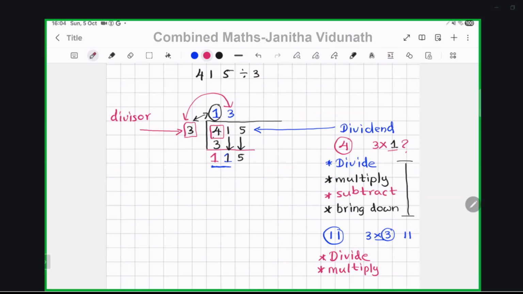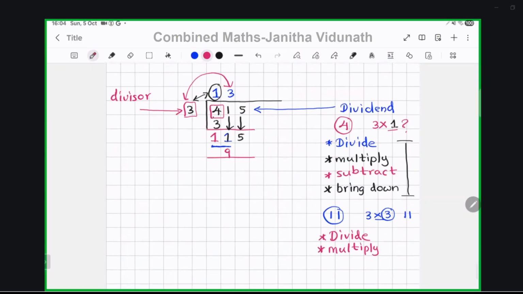Then we get 3 times 3, which is 9. Then we subtract these two numbers. We know 11 minus 9 is 2. Then we bring down the other remaining numbers. That means we need to bring down 5. Our next operation is bringing down the remaining term.